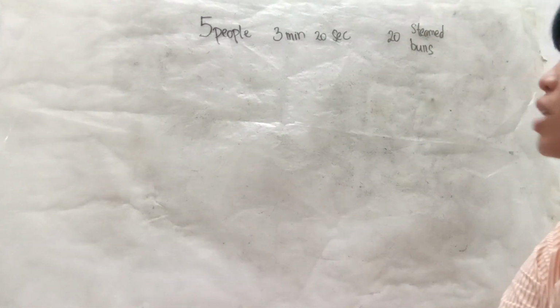So first, this is 5 people, 3 minutes, 20 seconds. The question wants to find 10 people in 5 minutes. So before that, let's find for 5 people in 1 minute.